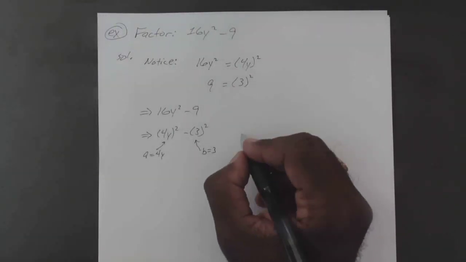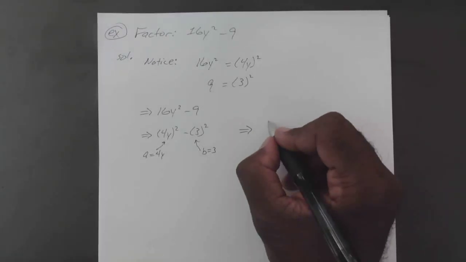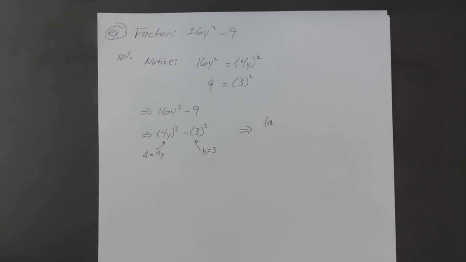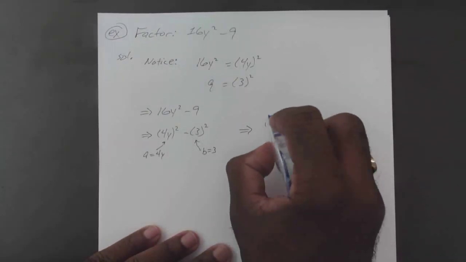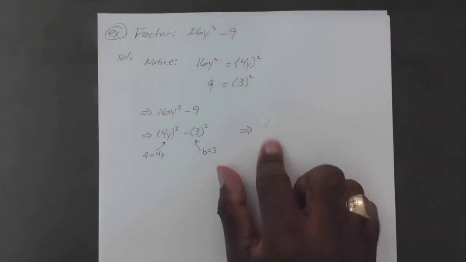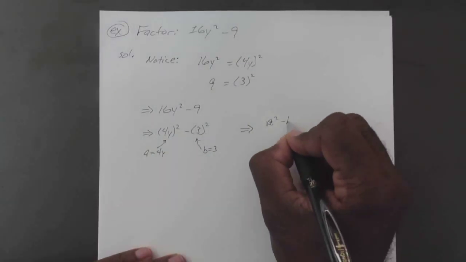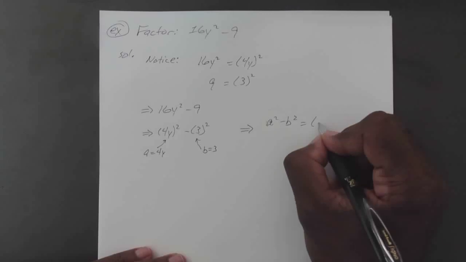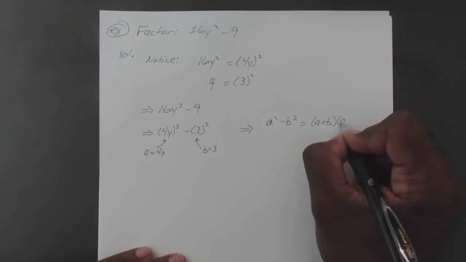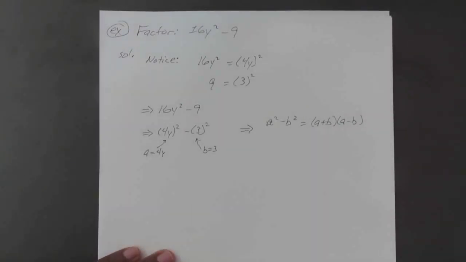Okay, so if you have the formula, a squared minus b squared equals a plus b times a minus b.